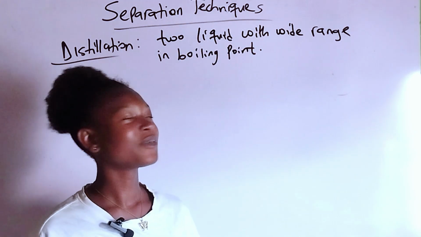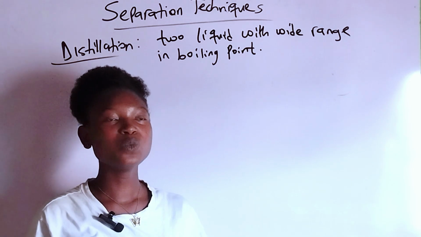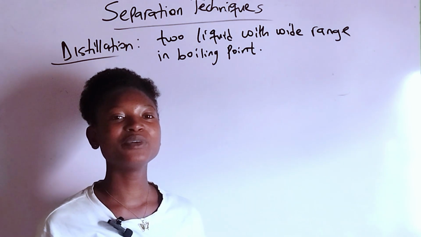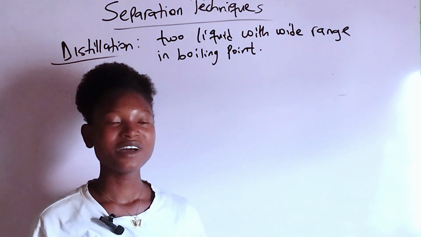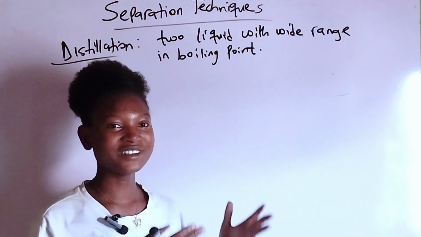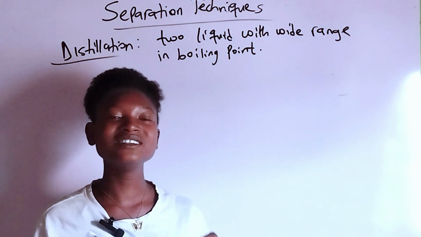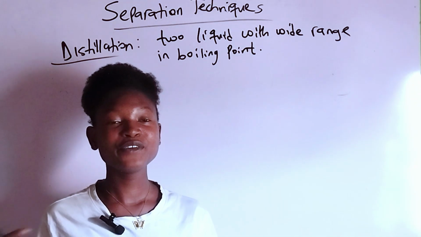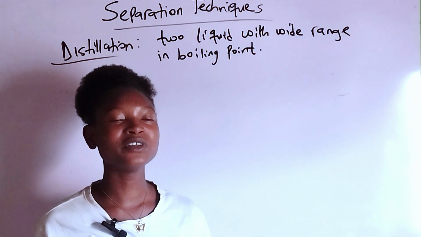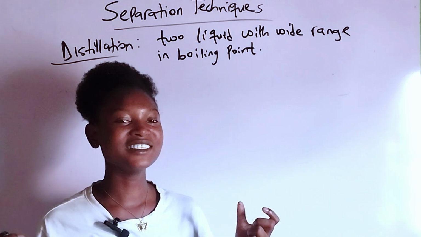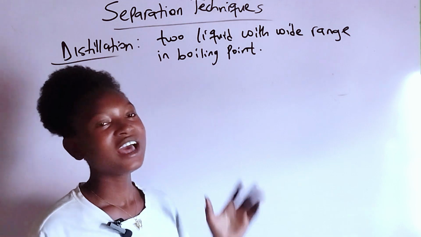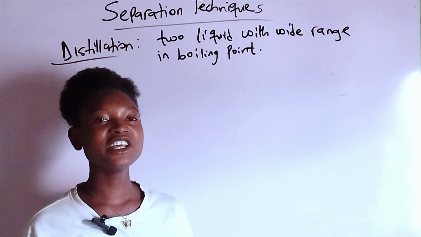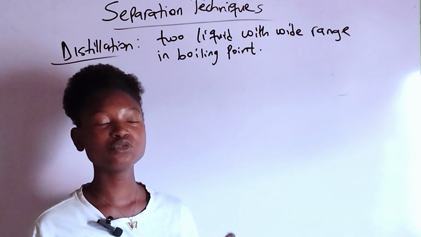Maybe in your mixture one of the components has a boiling point of 20 degrees and the other component has a boiling point of 50 degrees. You can see the wide range in that boiling point. The difference is too large. Then in that case, distillation is the most appropriate to use.